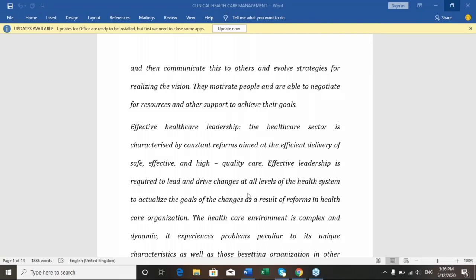The healthcare environment is complex, yes. It is dynamic, yes. It experiences problems peculiar to its unique characteristics as well as those besetting organizations in other sectors.